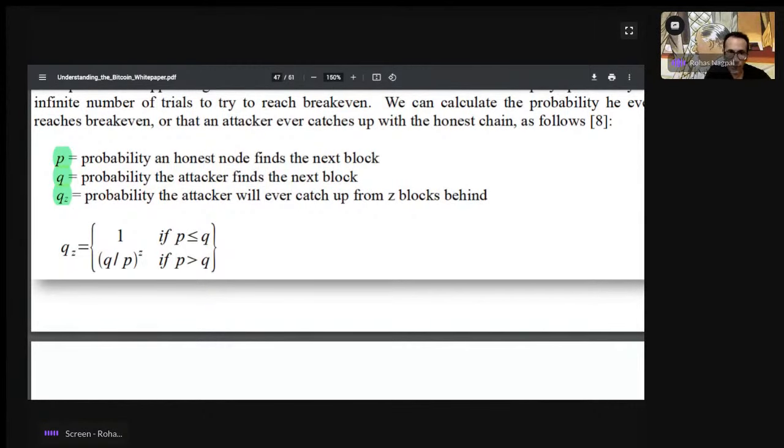Second, if P is greater than Q, that means the good guys are higher in terms of their hash rate, so the probability of them finding the block is more. Then the formula to calculate it is (Q/P)^z, which is the probability of the bad guy divided by the probability of the good guy, raised to the number of blocks by which the bad guy is behind you. Wasn't too difficult, right?